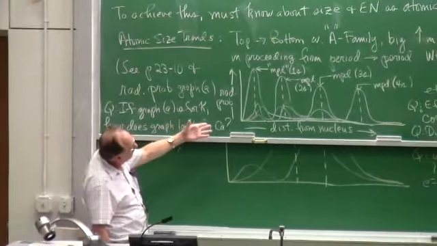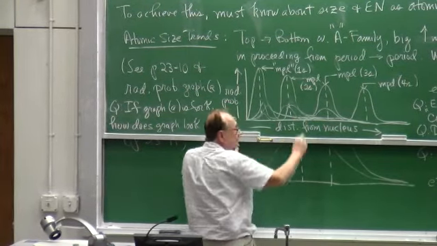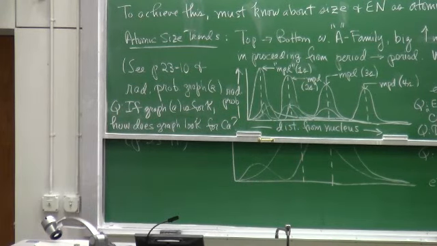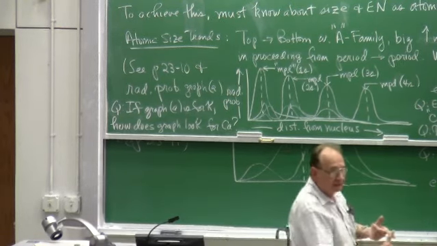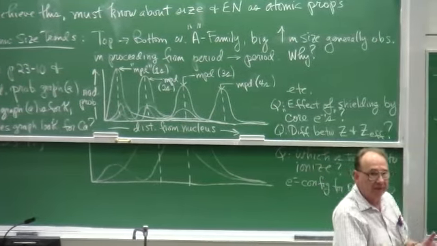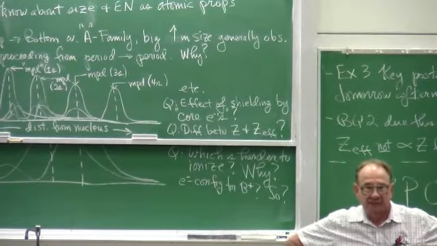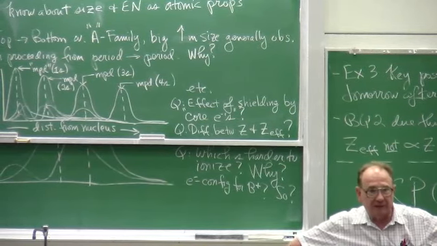Let's imagine that this graph is for a potassium atom. Based on the electron configuration for potassium, we know that it's got 1s electrons and 2s electrons and 3s electrons and a single 4s electron. So it's also got 2p electrons and 3p electrons.